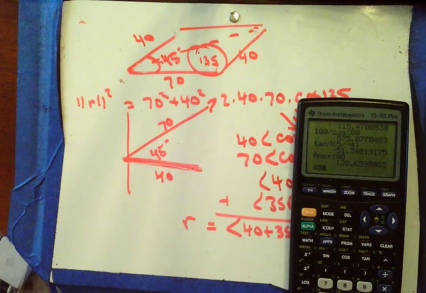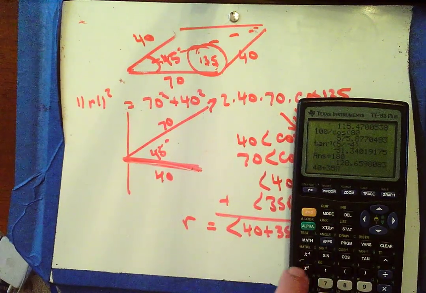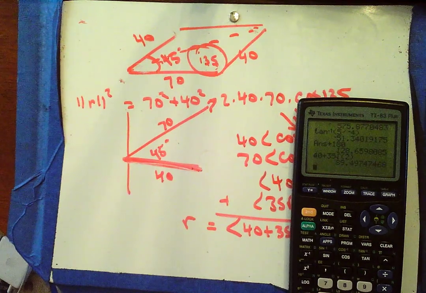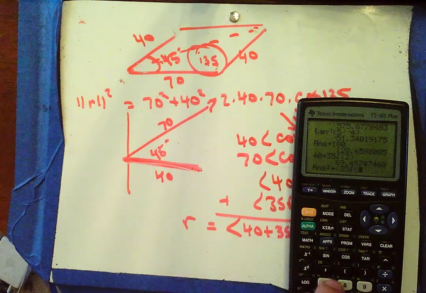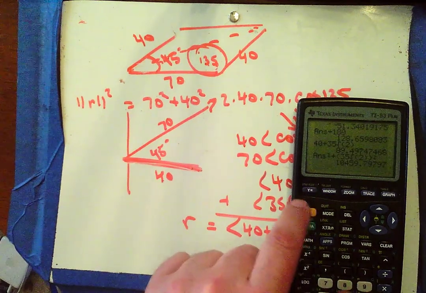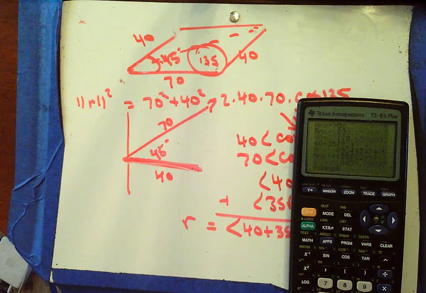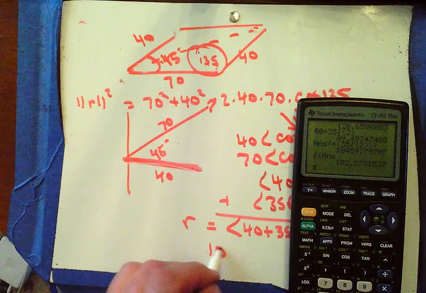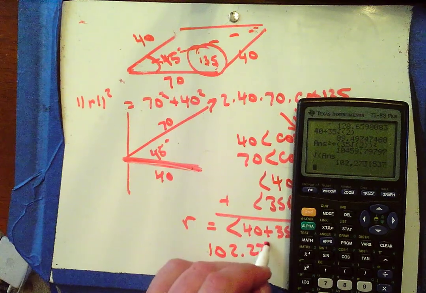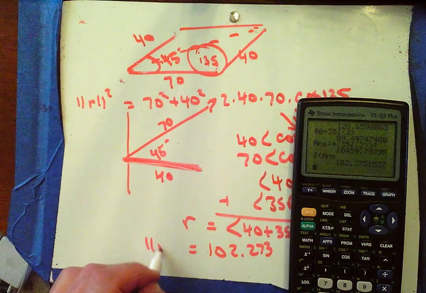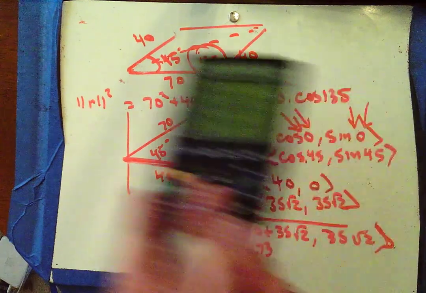So I'm going to do 40 plus 35 square root of 2 squared plus 35 square root of 2 squared, and don't forget to take the square root of that. And I get 102.273 is the magnitude of r. And that's what we were looking for.